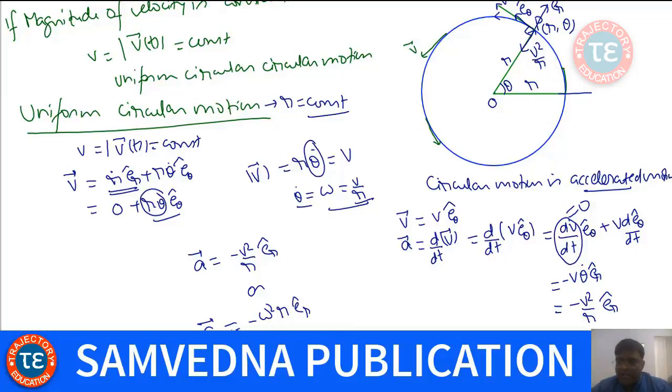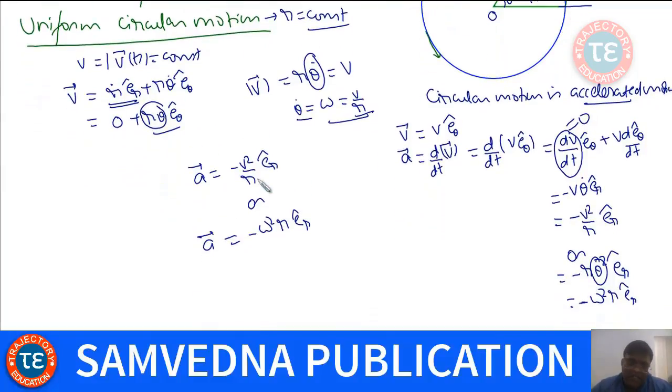This acceleration is called centripetal acceleration. Centripetal means towards the center. Since it is radially inward, it is towards the center.